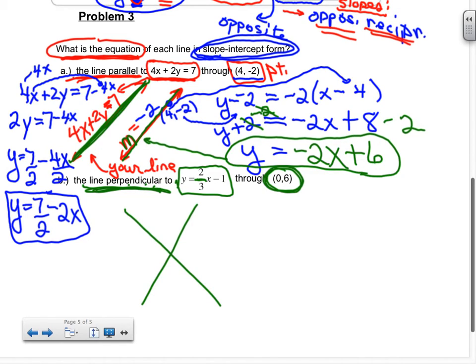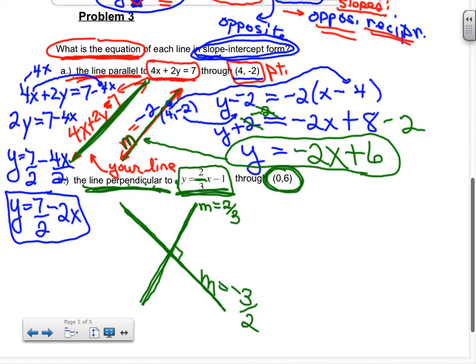And you already know the slope from this line right here is 2/3. So this has to be the slope of the line that goes up. Right? So the line that goes down, the perpendicular line, and by the way, perpendicular means you have right angles. And you will say opposite, negative, and you will flip it: 3/2.